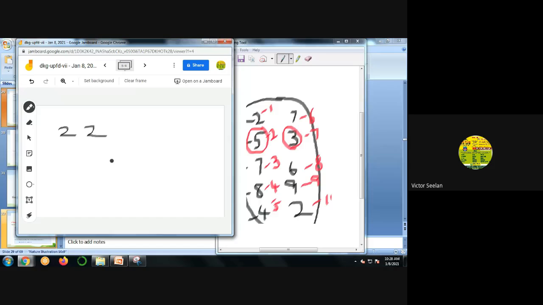Second value also 2. Third value is 3. Fourth value is 4. Fifth value is 5. Sixth value is 6. Seventh value is 7. Eighth value also 7. Ninth value is 8.